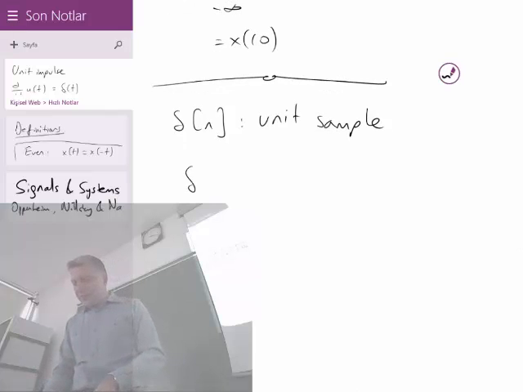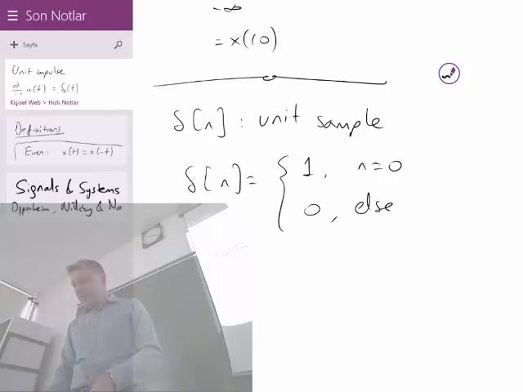The definition of delta n is equal to 1 when n is equal to 0, and 0 for all other places.